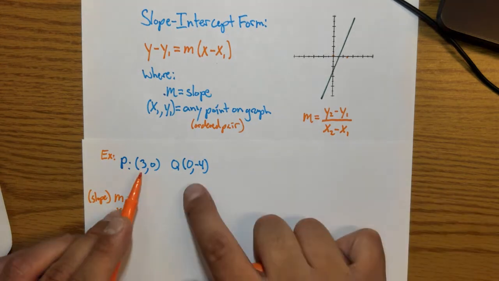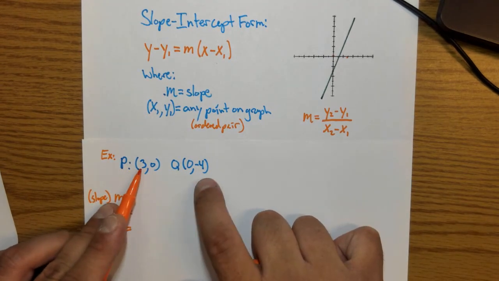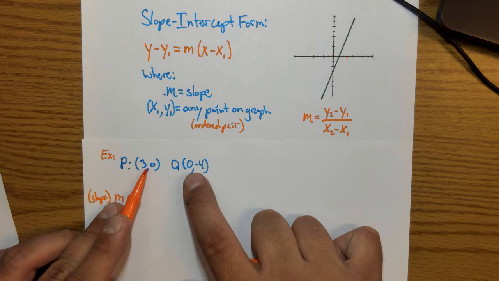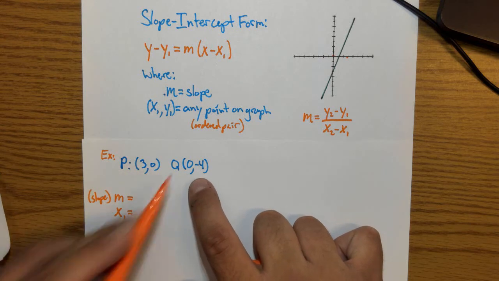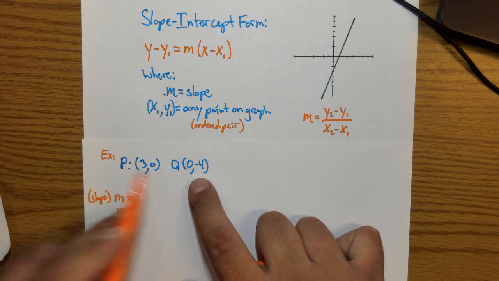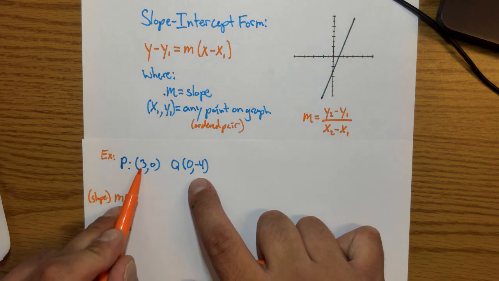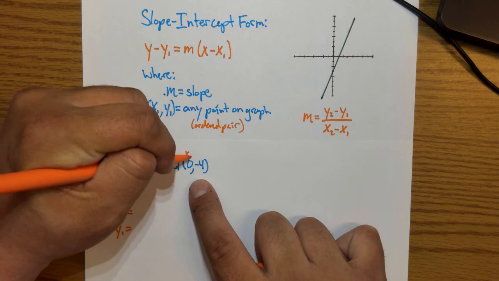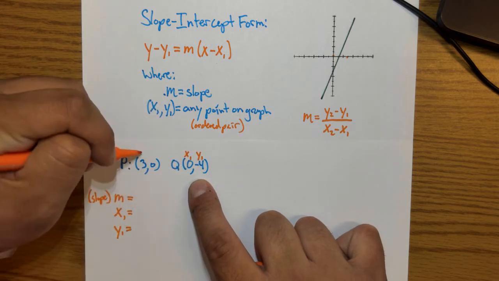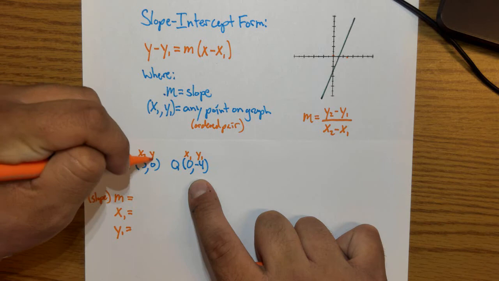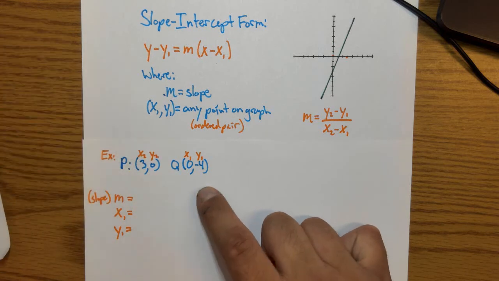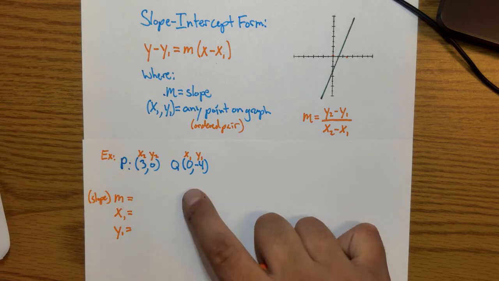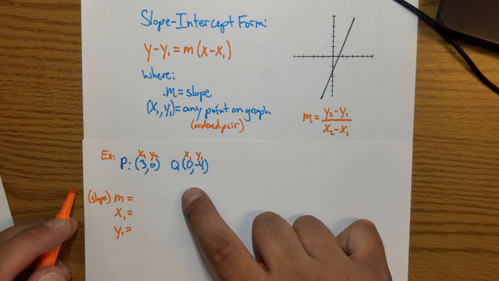Now it technically doesn't matter which one you call which. Generally x1, y1 is the point to the left, which in this case would be here, and x2, y2 would be the point to the right, which I'm going to call it this time. But it doesn't matter which one you call which. You might be asking yourselves, how do I know which one's to the right and which one's to the left? Think about what value tells us how far right or left we are.